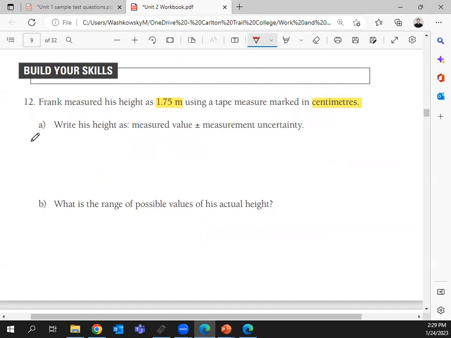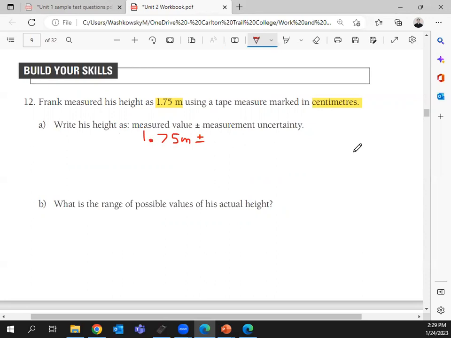Not quite. So remember, measured value is, here's what it is. The last one was, your measured value was 2.5 liters of juice. So my measured value in this case is 1.75 meters. You betcha. Now I need to add on my measurement uncertainty. So this is what we were doing earlier before the break.